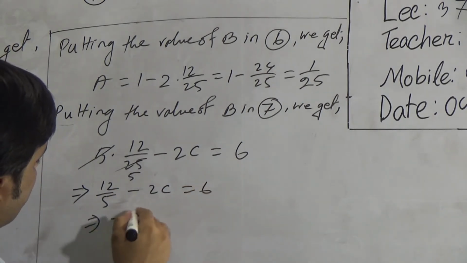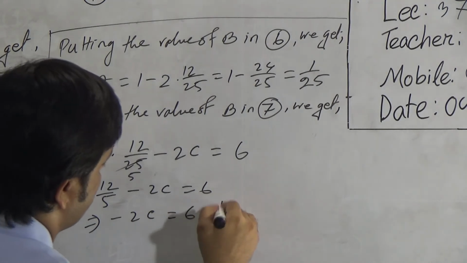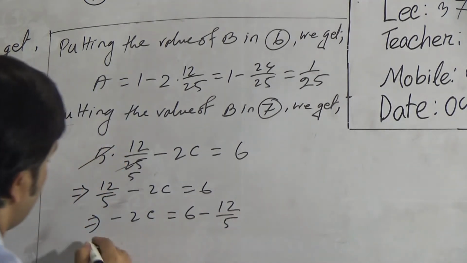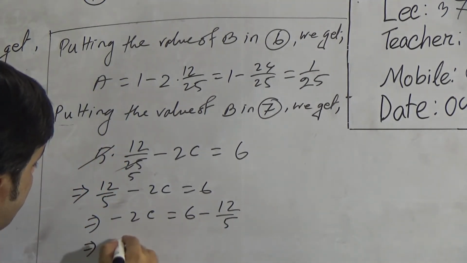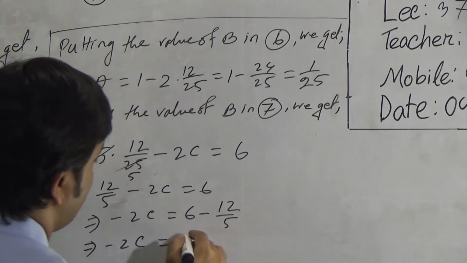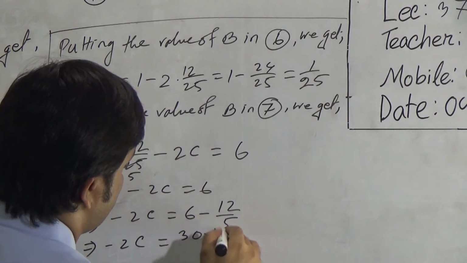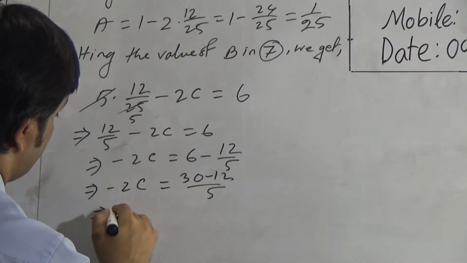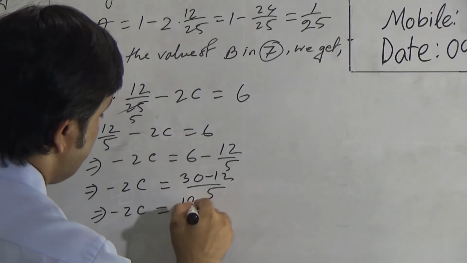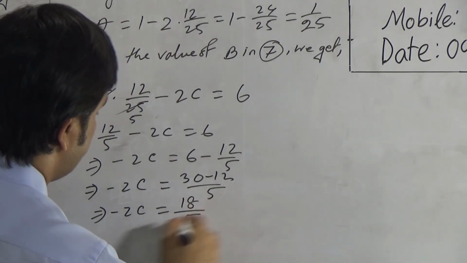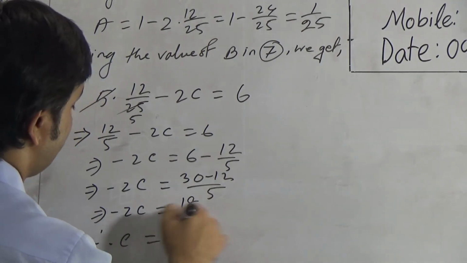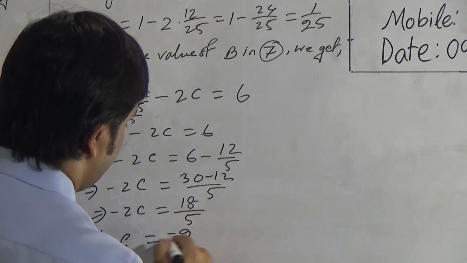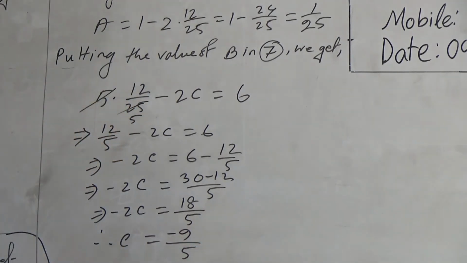So minus 2c equal to 6 minus 12 by 5, that is minus 2c equal to 30 minus 12 by 5, so minus 2c equal to 18 by 5. Therefore, if we divide by minus 2, we will get c equal to minus 9 by 5.